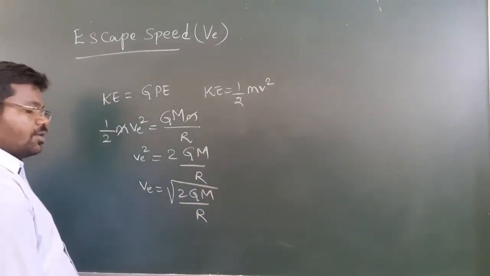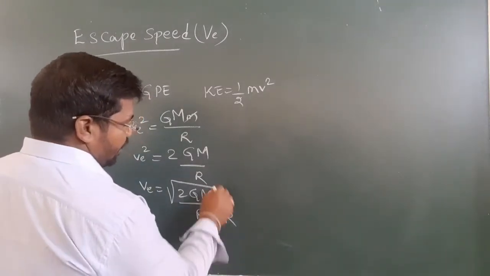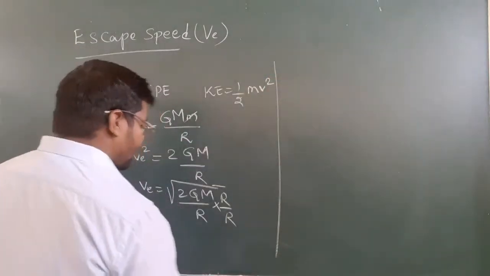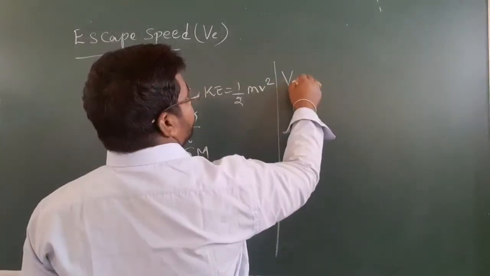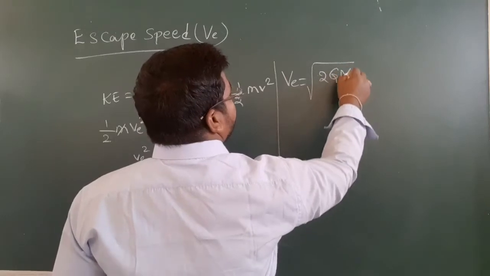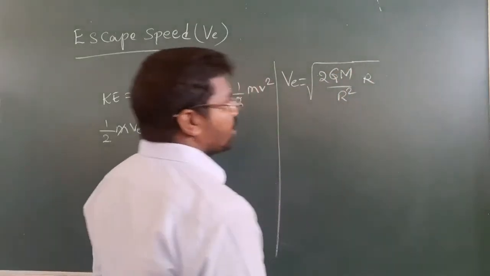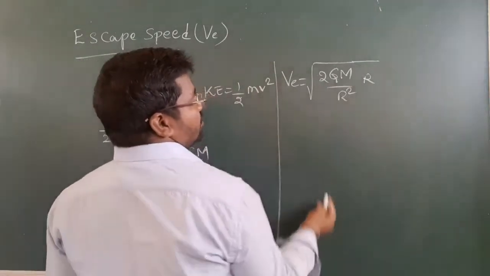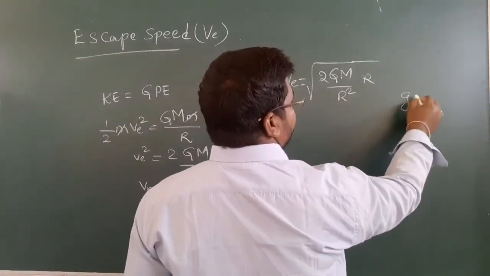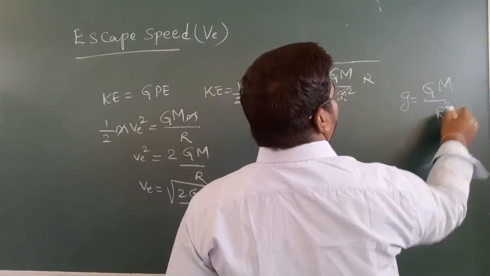Here we multiply and divide by r. Then we get v is equal to root of 2 G M by r square into r. In the previous expression, small g is equal to G M by r square.